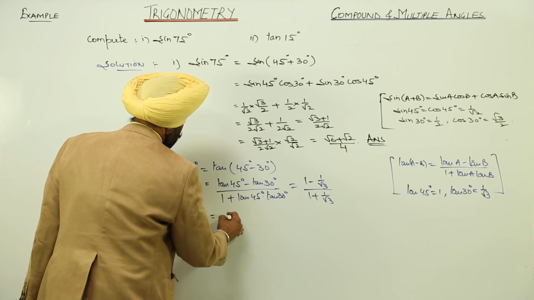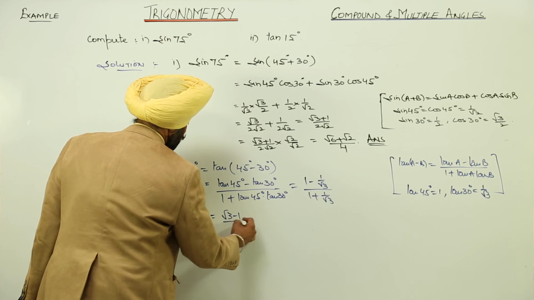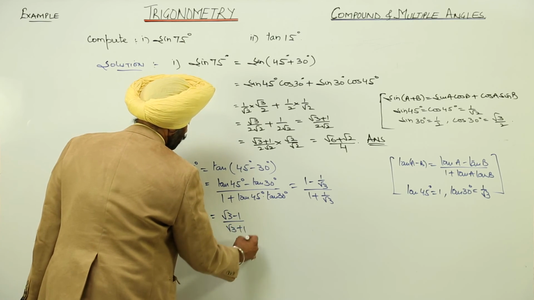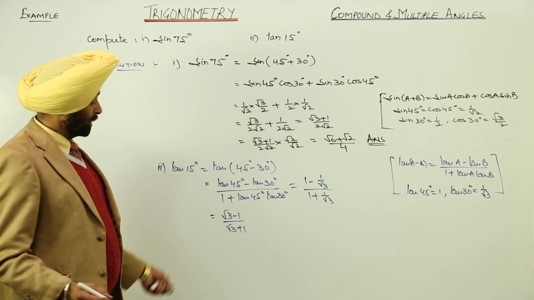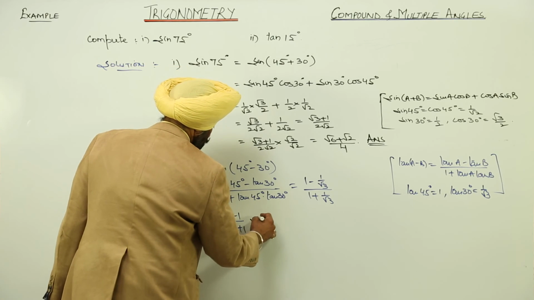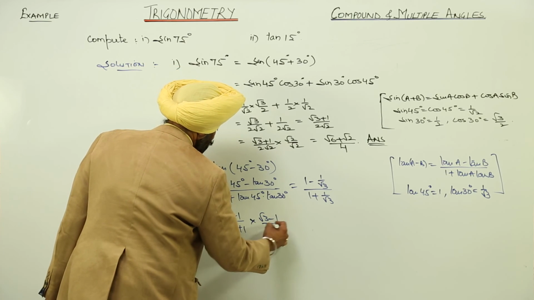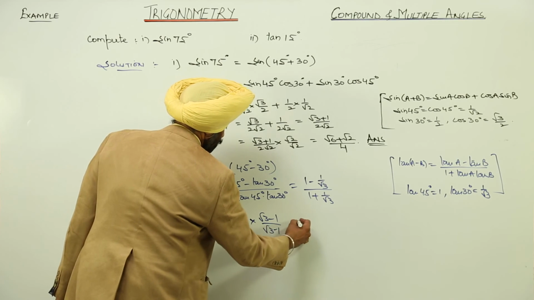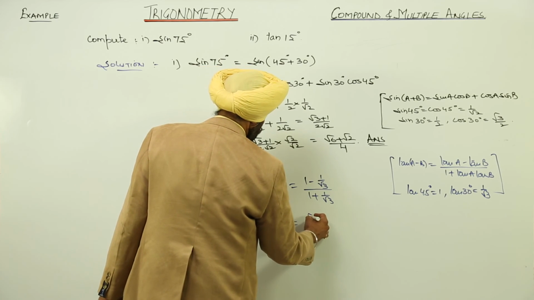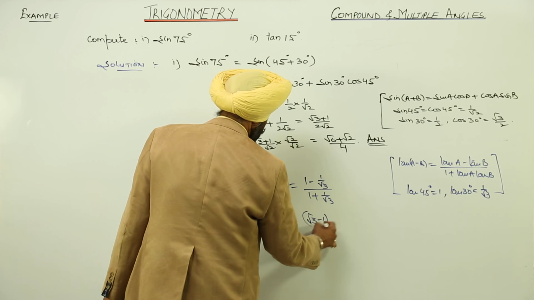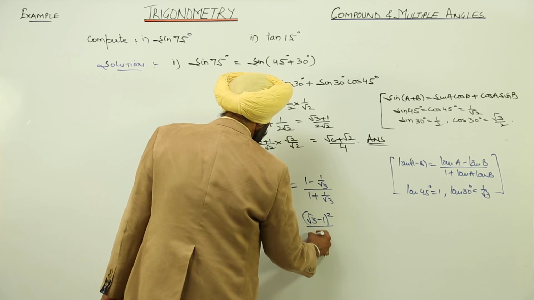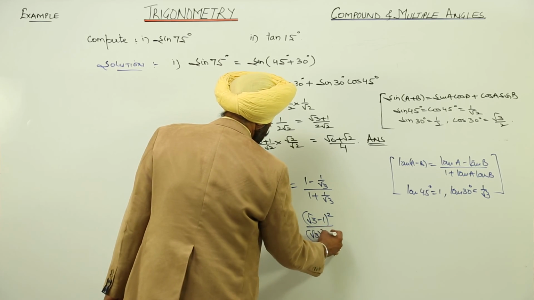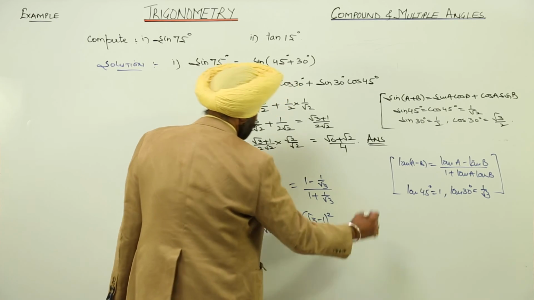Now this becomes root 3 minus 1 upon root 3 plus 1. Denominator cancels. Now rationalization. Root 3 minus 1 upon root 3 minus 1. Now this is equal to root 3 minus 1 whole square upon square root of 3 minus 1 whole square.